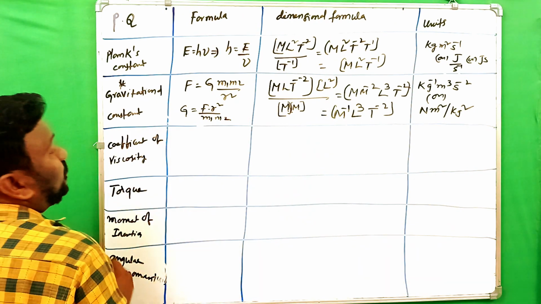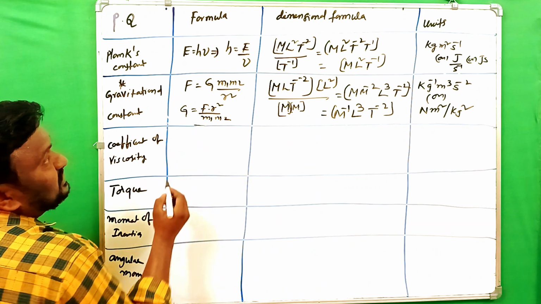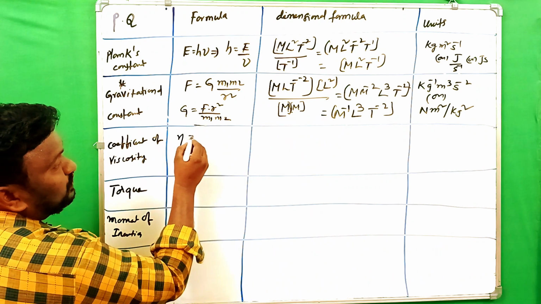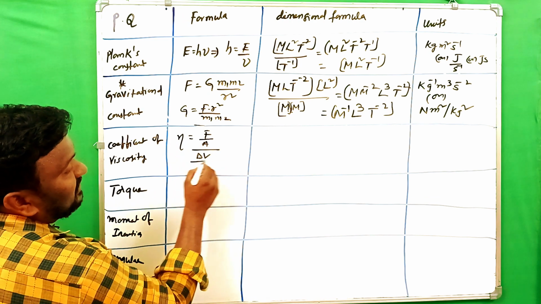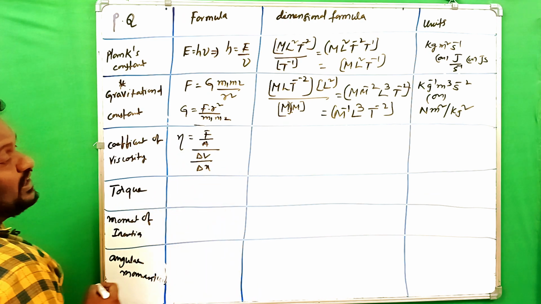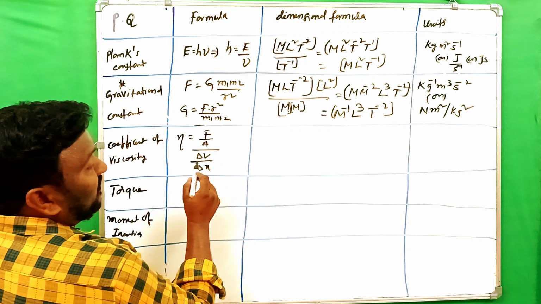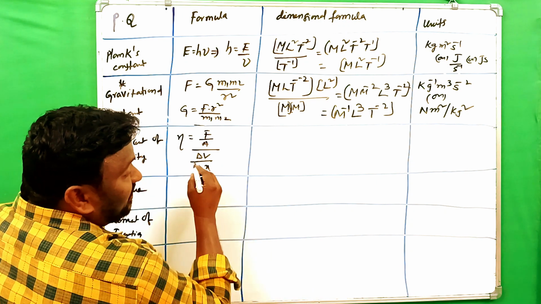And now coefficient of viscosity. The formula is eta equals F by A by delta V by delta X. Here delta V by delta X is what we call the velocity gradient.